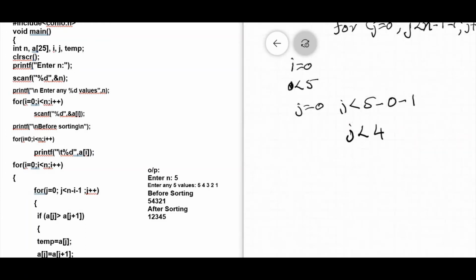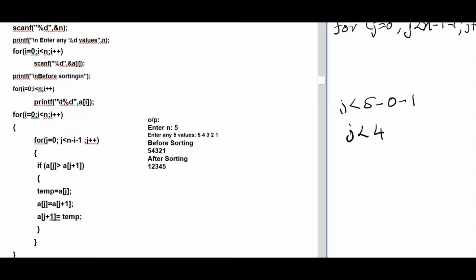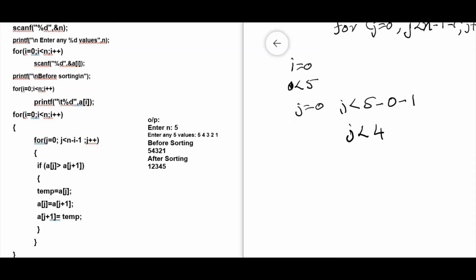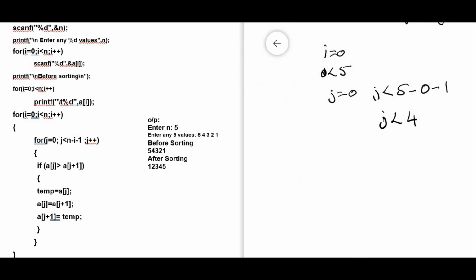Now in the inner for loop we have what? We have the if part. So I am checking here if a of j is greater than a of j plus 1. Now let's see what a of j will be. a of j, now j value is 0.